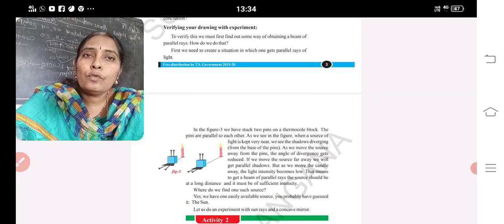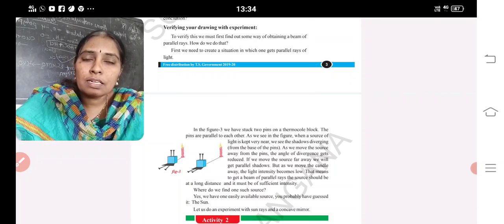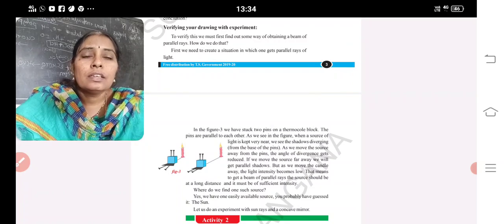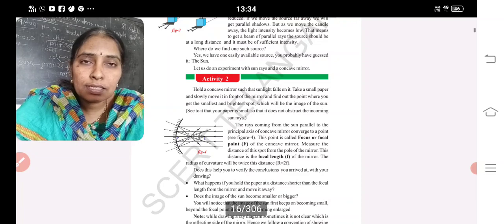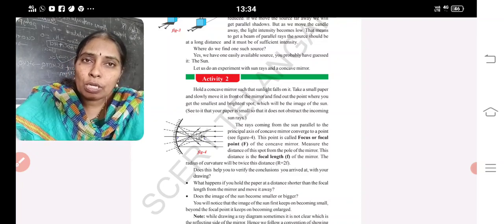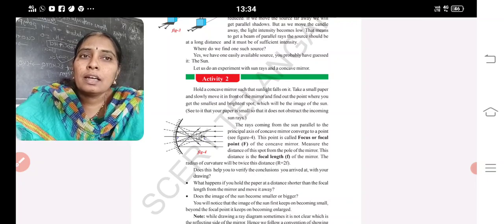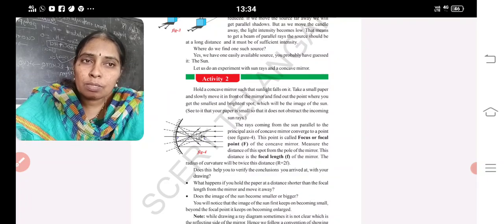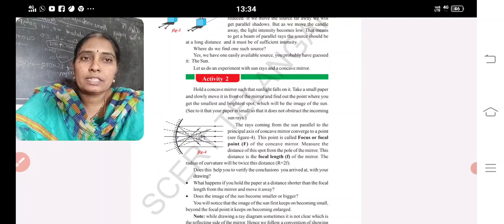So, can you find a source which is far away from us and continuously gives parallel rays? Yes, like the sun. The sun is far away from us and gives continuous parallel rays. When these parallel rays strike a concave surface, reflect from there and converge at a point, that point is said to be the focus or focal point.